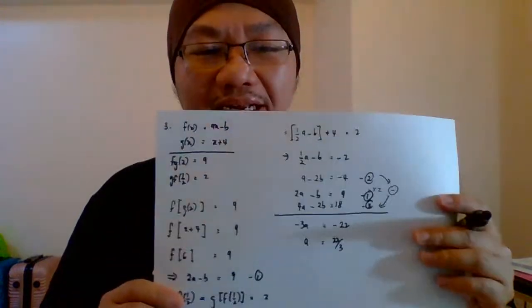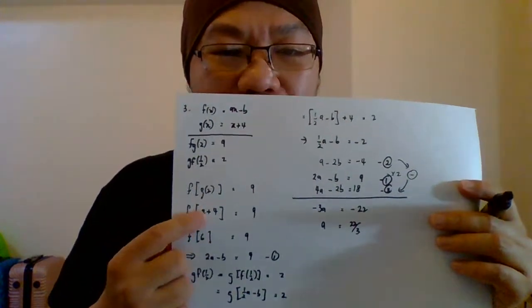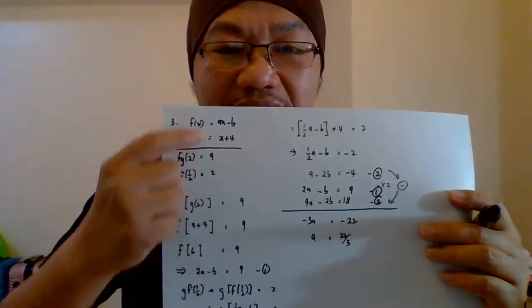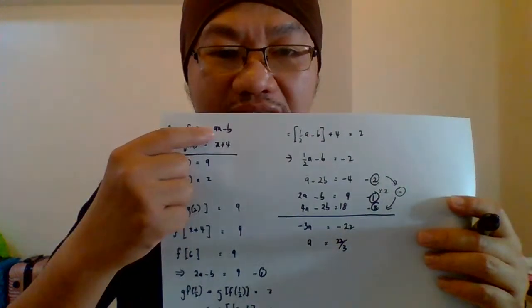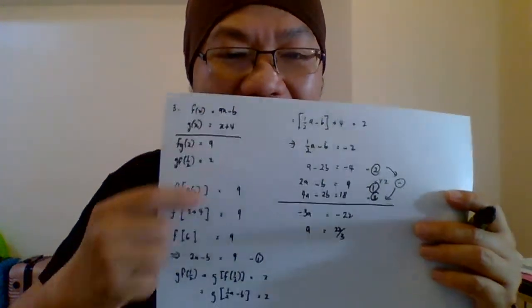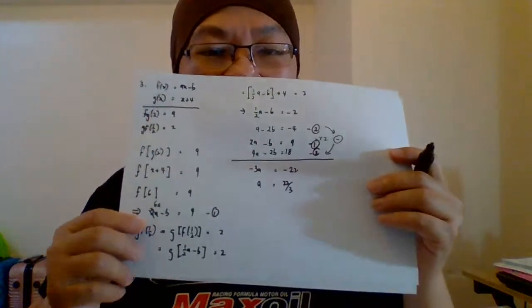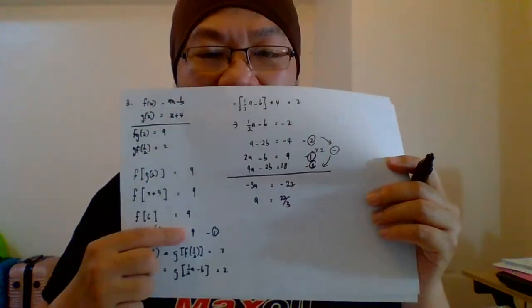See, I told you. Now I detect the problem. Now 2 plus 4 equals 6. 6 inserted into f is supposed to be 6a minus b, not 2a minus b. That is the wrong value here. It's supposed to be 6a, all right? This is 6a minus b equals 9.